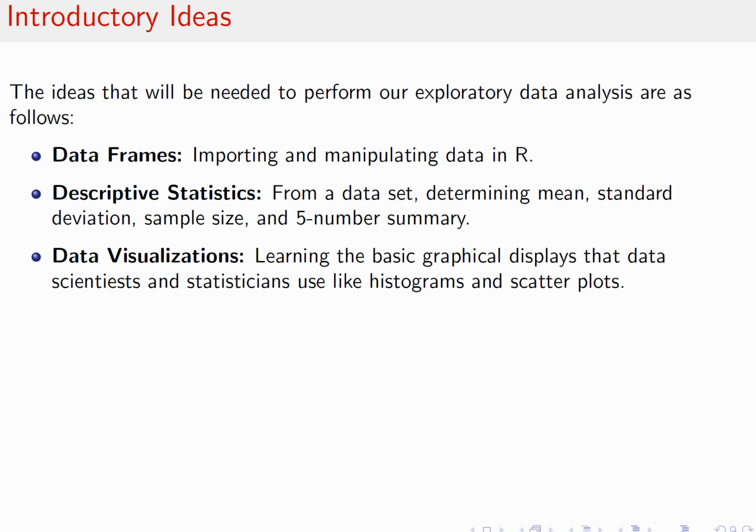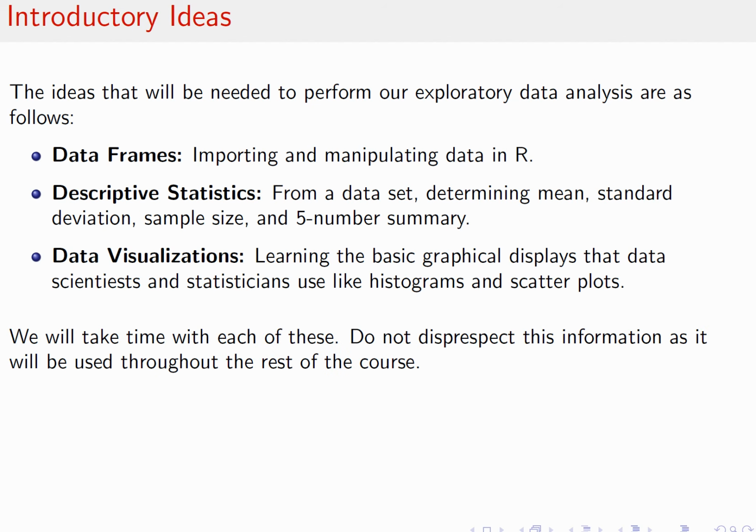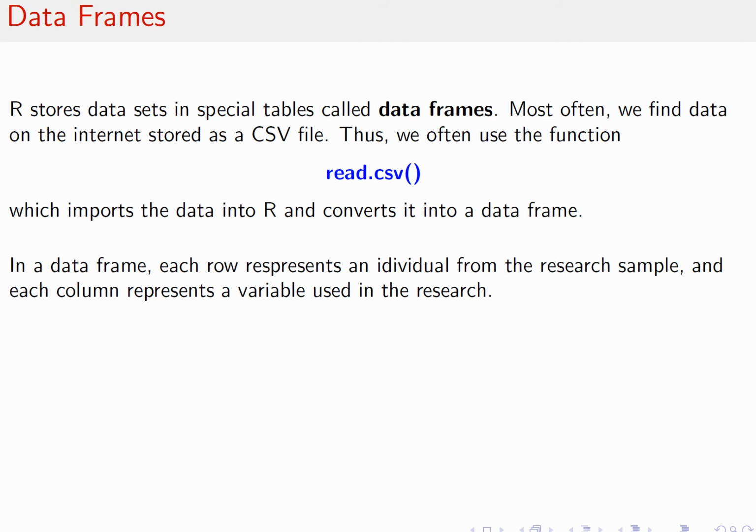And we're also going to look at some basic visualizations: histograms, box plots, density plots, QQ normal plots, scatter plots, these sorts of things. So we're going to have a section for each of those things. And as I said earlier, let's please take this seriously. This is information we will need.